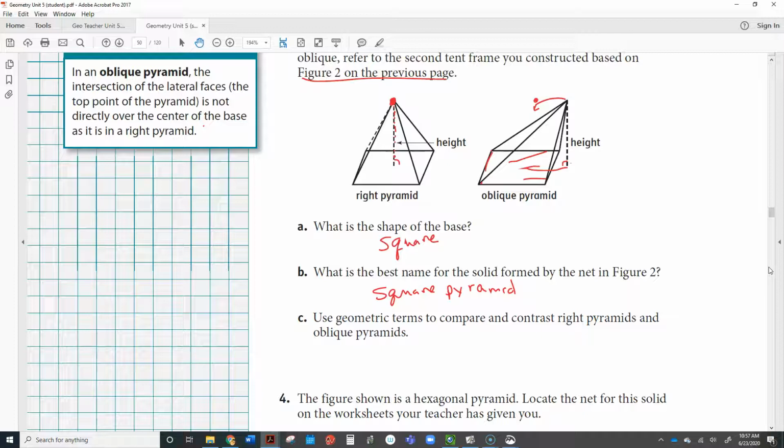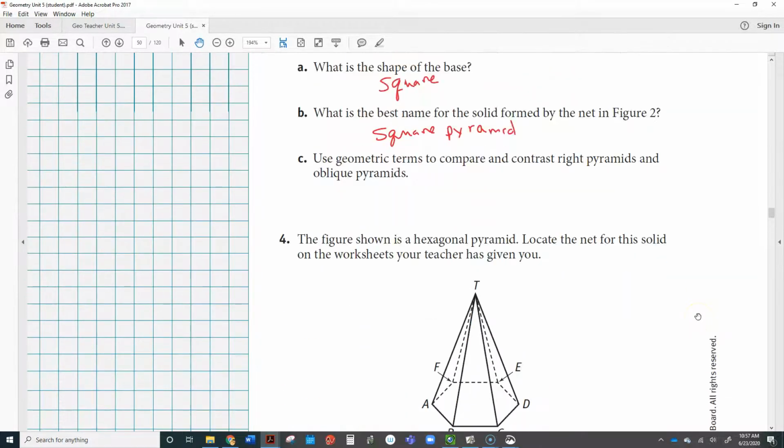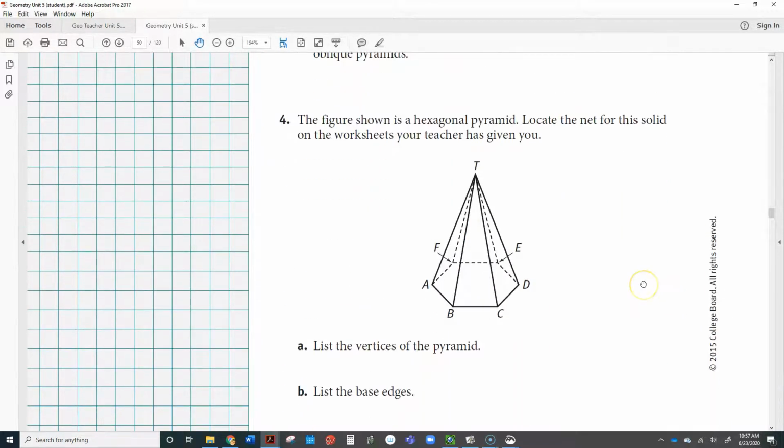On the right pyramids, the distance from the vertex to the center is the height. On the oblique pyramid, it is the perpendicular distance from the vertex to the plane containing the base. It may not actually be over the base. It may be the plane that the base is on. So that would be my compare and contrast.